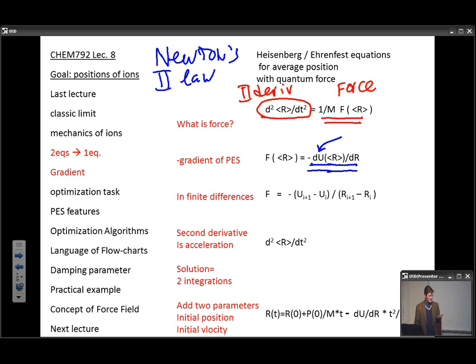So the force is the derivative of energy with respect to position, right? It doesn't surprise you. And this opens a door to go forward, to browse through this energy landscape and find the better way to the minimum.